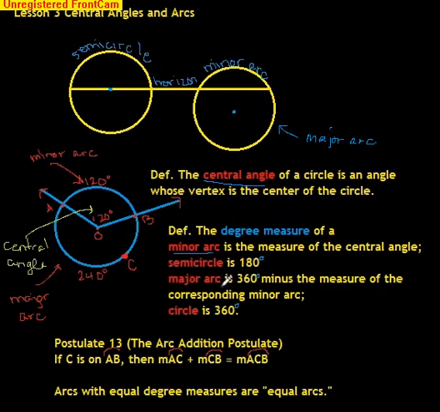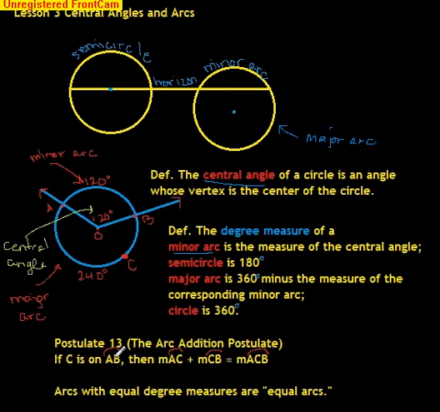A major arc is the whole circle, 360 degrees, minus the measure of the corresponding central angle. So it would be 360 minus 120, so the major arc is going to be 240. And then a circle is 360 degrees.